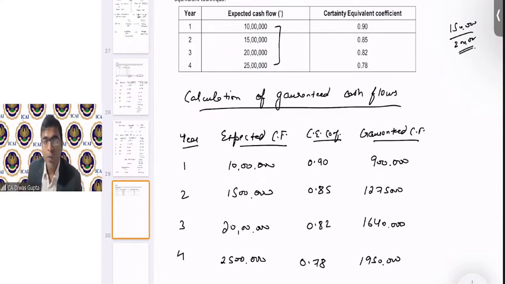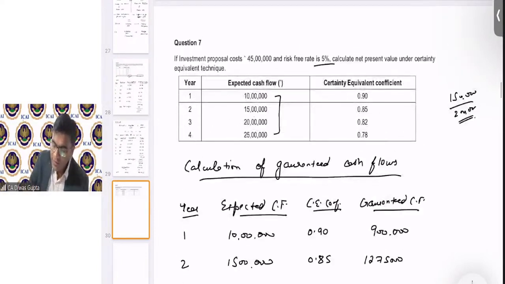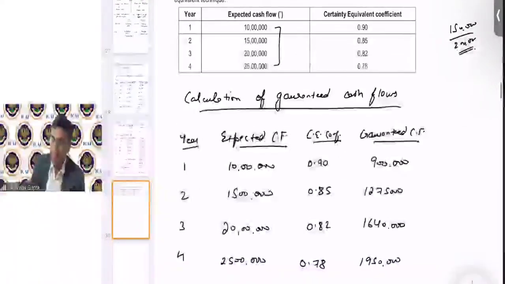Now, since the CE approach excludes risk in the cash flow, while taking the discount rate also we have to exclude the risk. So in the question, the risk-free rate is given, which is 5%, which is exactly what we need, because we have computed the guaranteed cash flows.